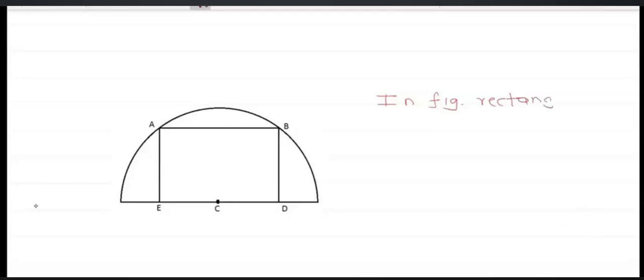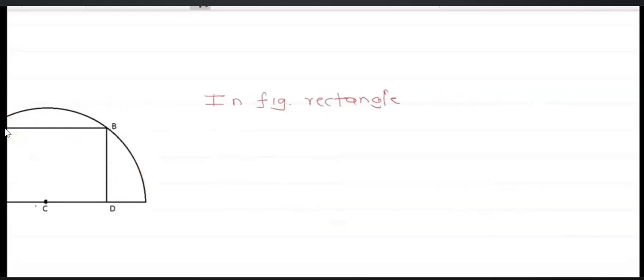That is, here E and D are the two vertices of the rectangle which lies on the diameter.